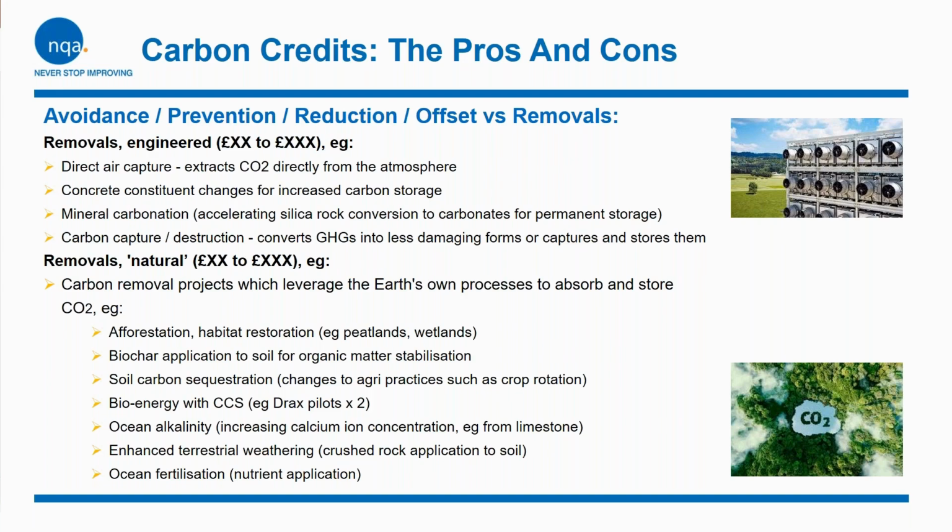So removals: carbon removal projects will leverage the Earth's own processes to absorb and store more CO2. Some examples there are bioenergy with CCS, enhanced weathering, so crushed rock application to soil, ocean fertilization, etc. as well.